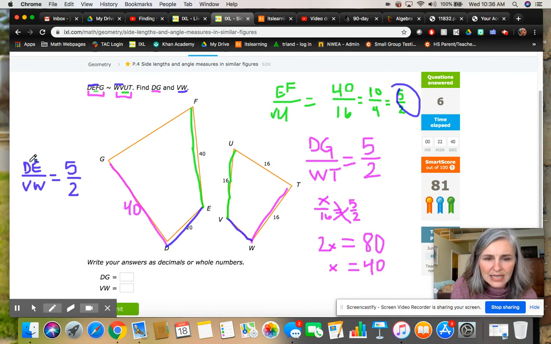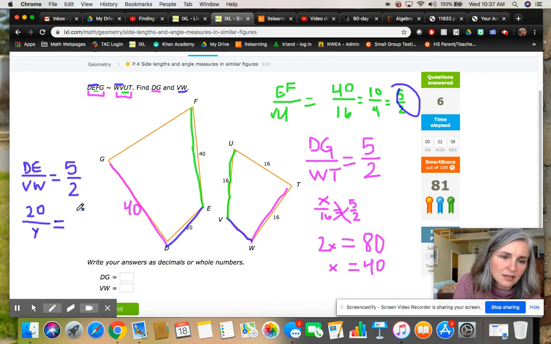And then DE is 20, and VW is the one I don't know, and I'm going to use Y because I already used X here. And then that's equal to 5/2.